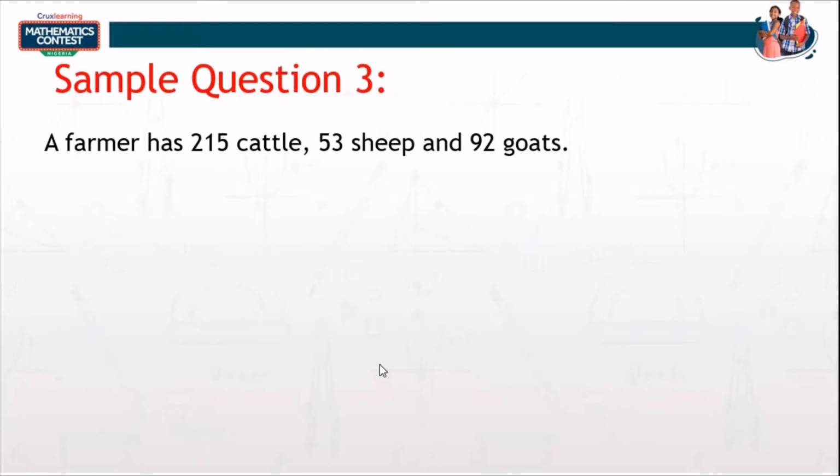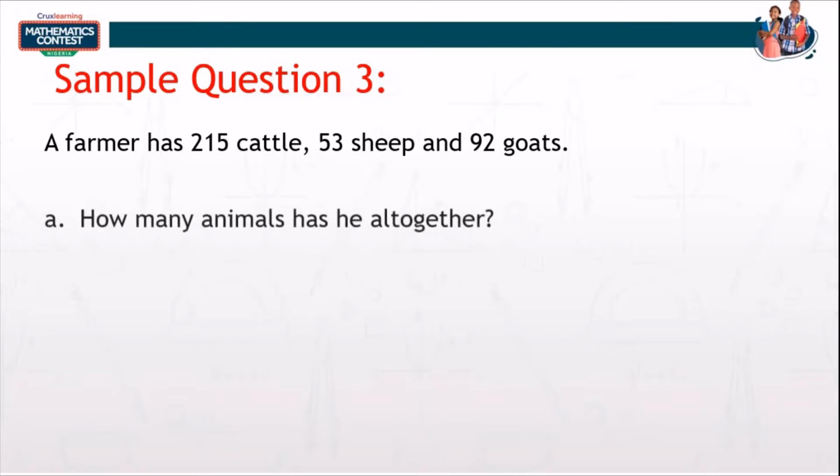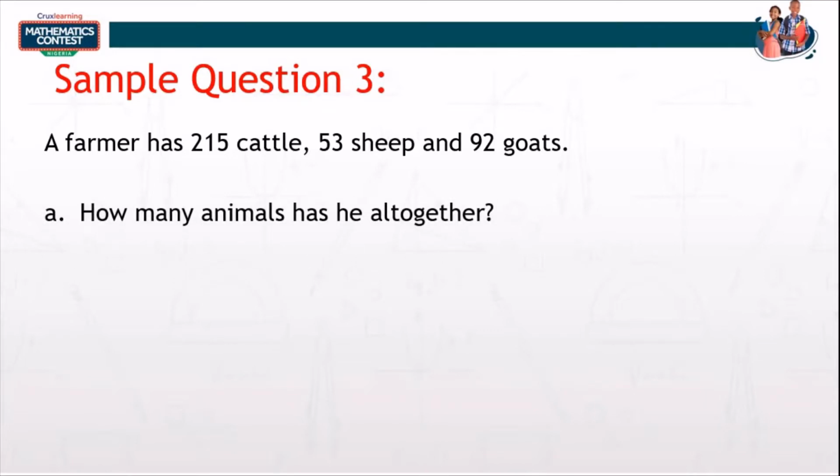Question 3. A farmer has 215 cattle, 53 sheep, and 92 goats. So these are the collected data from a given farm. Let's see what the question demands. One says we should find how many animals the farmer has altogether.